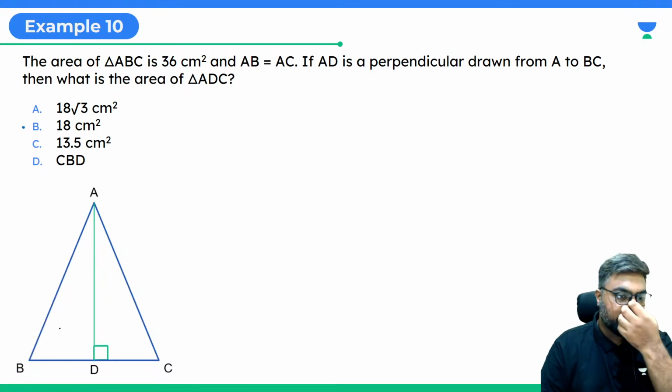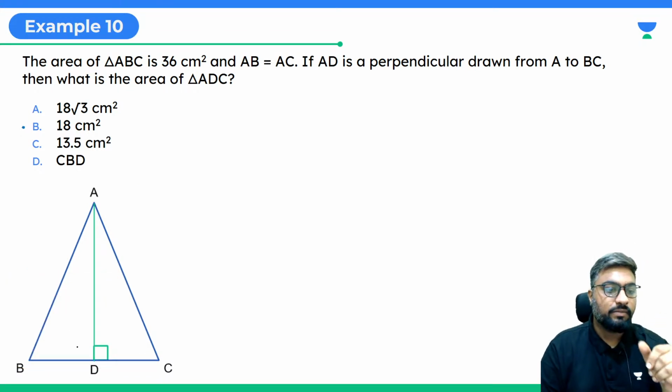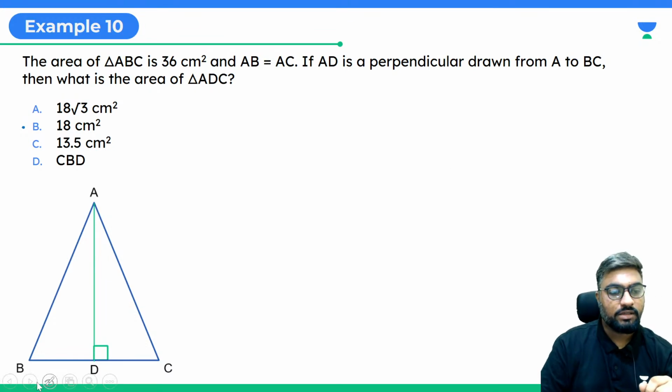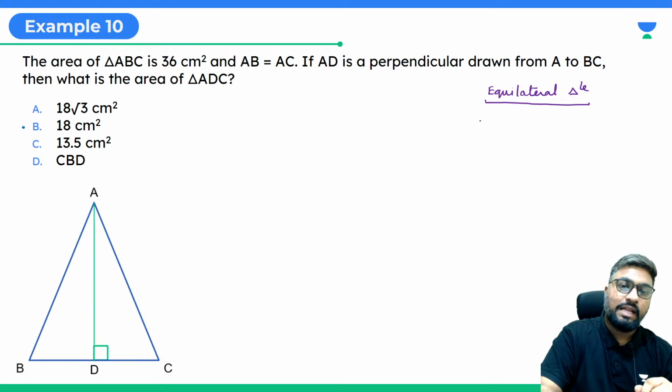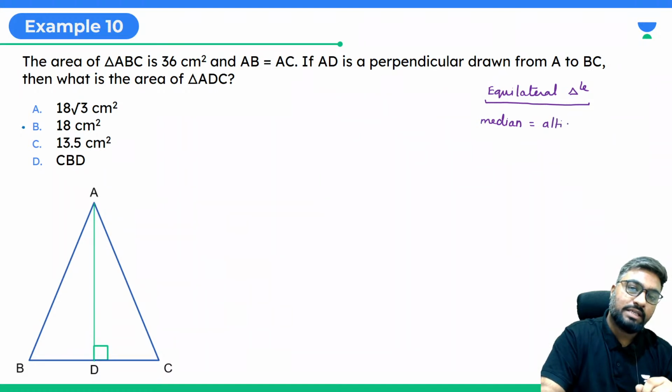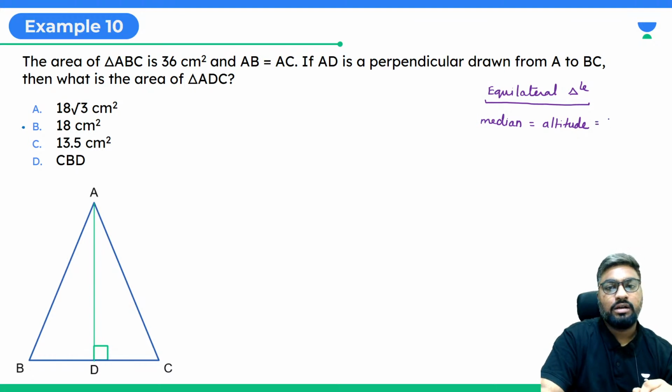In fact, any triangle, but it works with median. Here it works with perpendicular also. Okay, so I'll write it down. For an equilateral triangle, the line joining the midpoint, median, is the same as the perpendicular height, which is altitude. Yes, it is the same as your angular bisector.